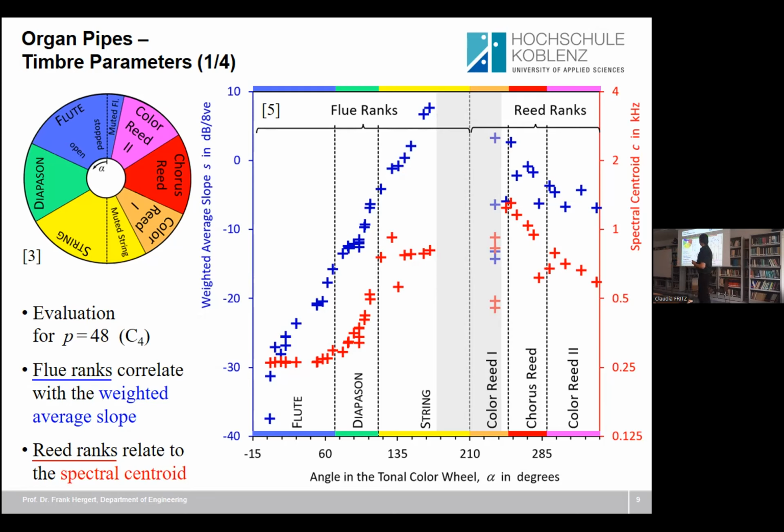And what I've done then is I have searched the names of my ranks and compared what could possibly be the closest rank in his list and compared it. And when I plot these together, I see, okay, I get a good correlation for the flute ranks on the left and the reed ranks on the right.